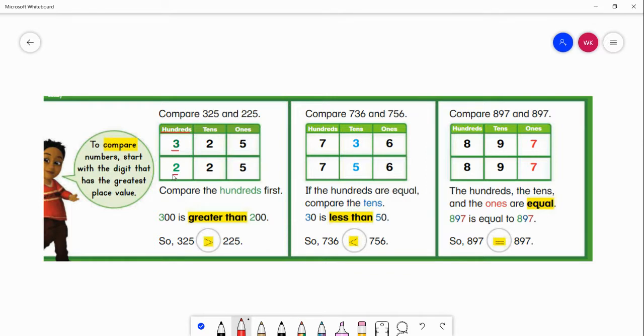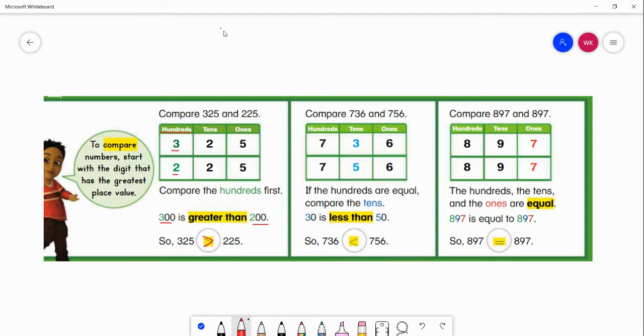So you think to yourself, what is greater? Is 300 greater than 200, or is 200 greater than 300? You know that 300 is greater than 200, so then you know 325 is greater than 225. The greater than sign is kind of like a little arrow.